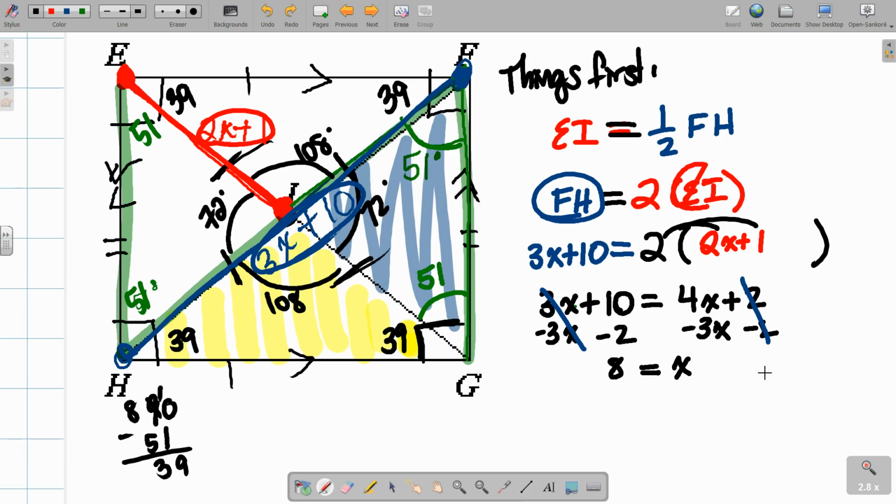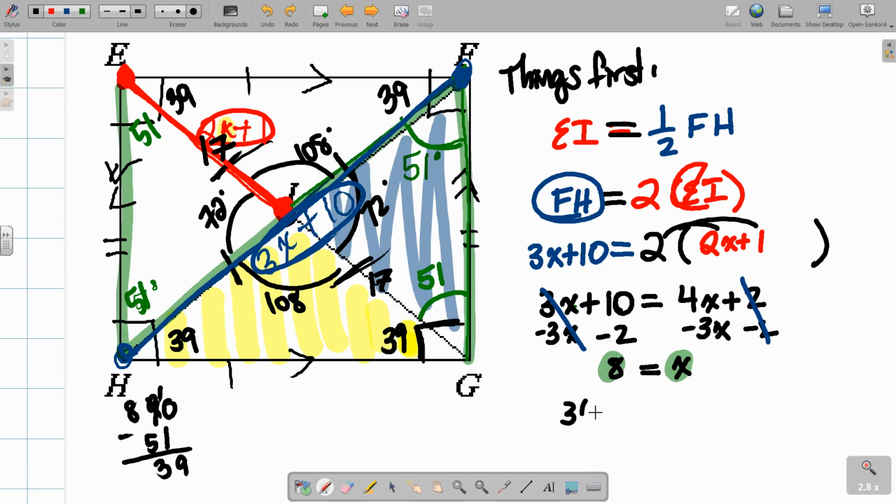Now, don't get all happy with x. Let's plug it in and double check your work. So if we think x is 8, we're going to plug it in right here. 2 times 8 is 16, plus 1, that makes this 17. That would make that 17. And then 3 times 8 is 24, plus 10, that would make this whole thing 34.